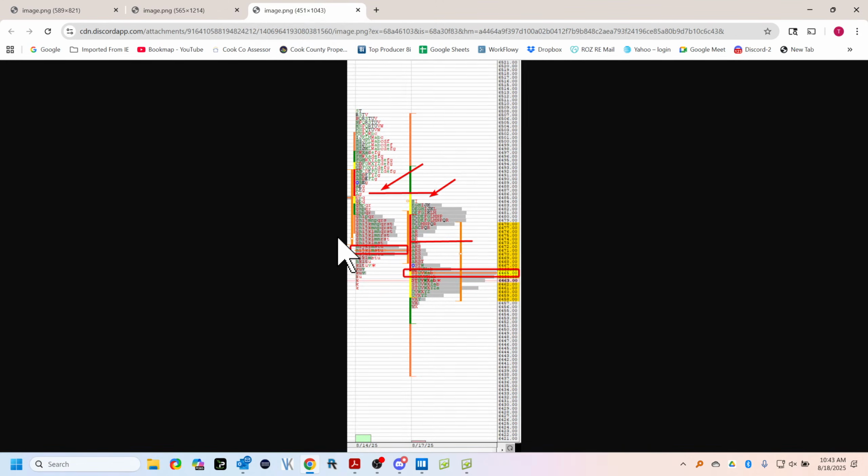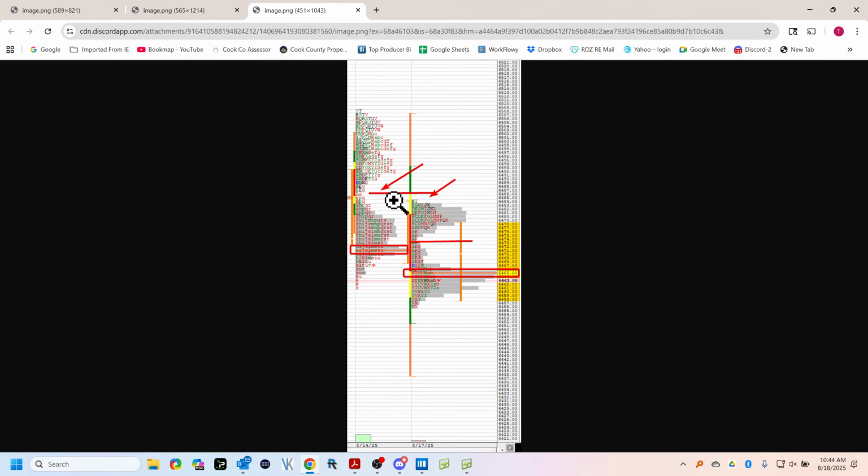Let's look at this. This is the ETH, and this is the full session profile. So this is Friday, the whole thing, and this is as of, I think, about 6 this morning, maybe. Can't remember. So where's that 85, 86? What is our ETH high? Anybody know?